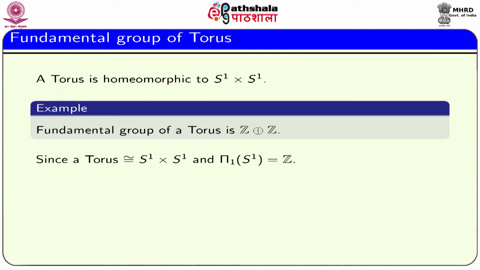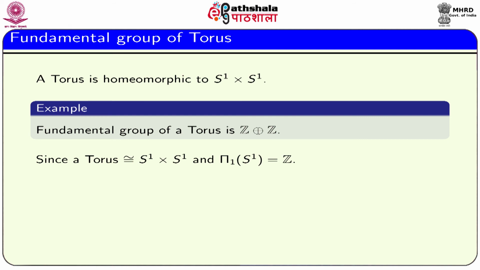Now, it is known that a torus is homeomorphic to S1 cross S1. So, using the last corollary, we get the example that the fundamental group of a torus is the direct sum of Z with itself.